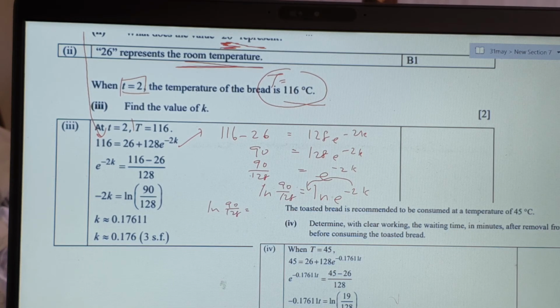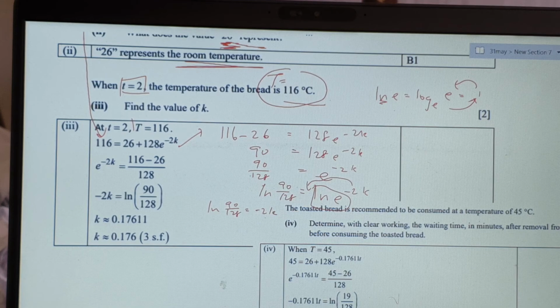And that will give you minus 2k. The ln E is just equals to 1. Because ln is log base E. So E to the power of 1 is E, that's why this is 1.